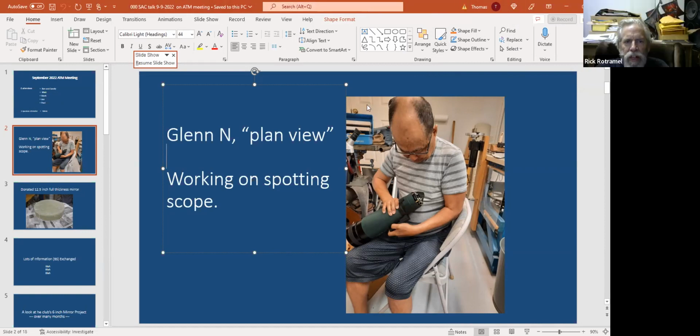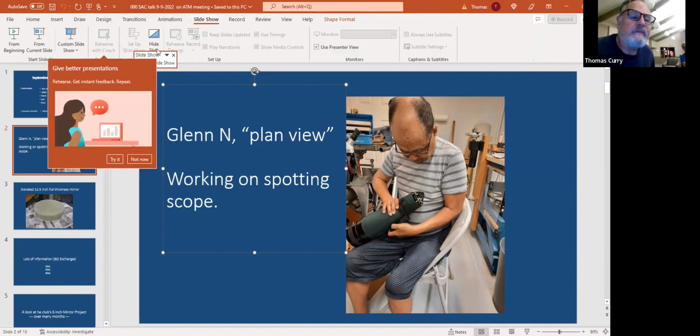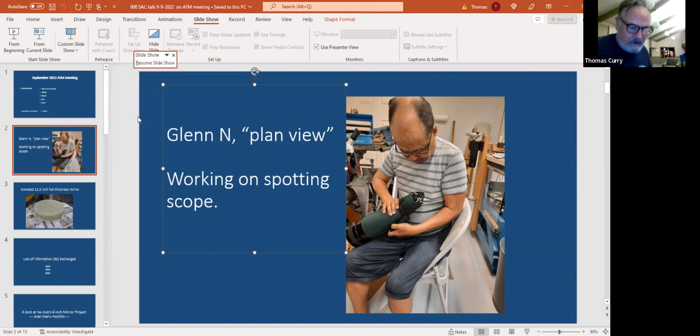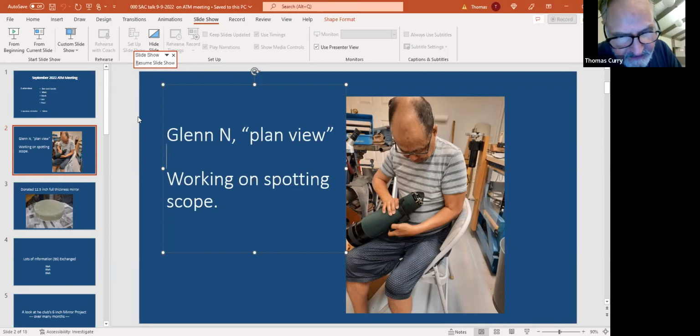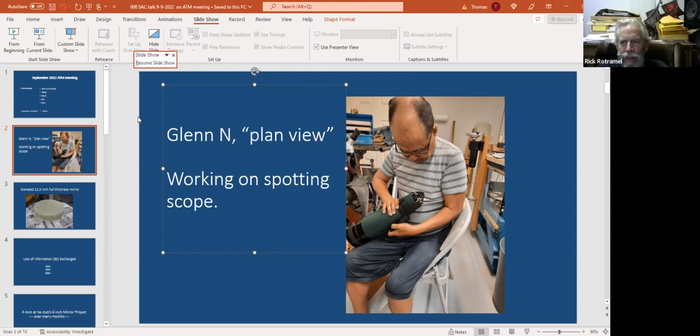Over from the file tab, slideshow tab. There you go. Give better presentations. Try it. Zoom. F5. Which one is F5? It's the one between F4 and F6. Top of the keyboard.